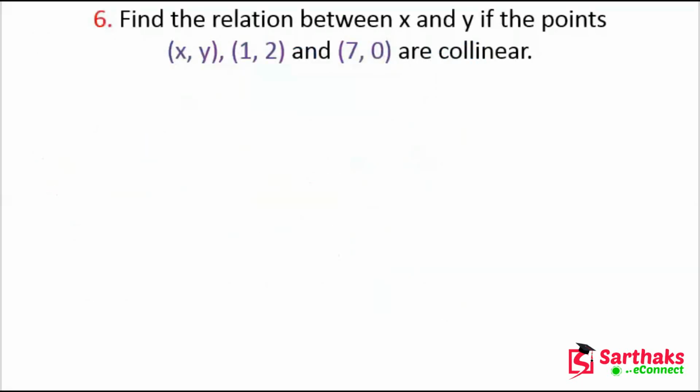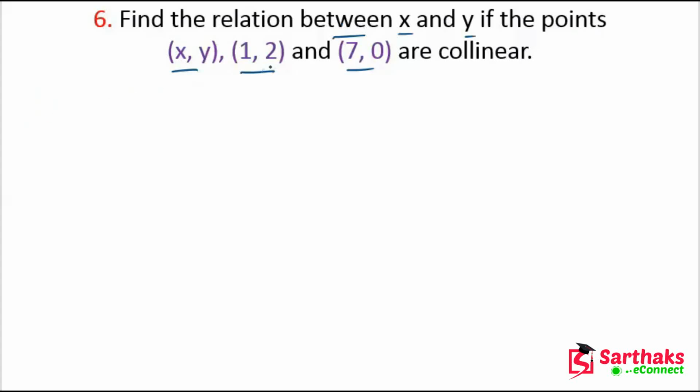So the next question, question number 6, is: find the relation between x and y if the points (x, y), (1, 2) and (7, 0) are collinear. Okay. So we know the condition of collinearity. The condition of collinearity is that the area of the triangle is 0.